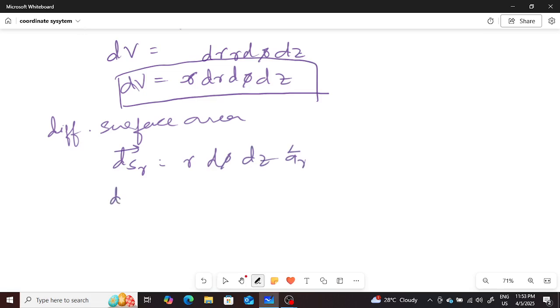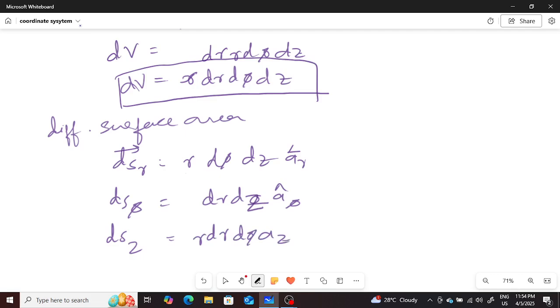Similarly for ds_phi, excluding r d phi, you have to write dr dz a_phi. So for ds_z, excluding dz, you should write the other terms, that is dr r d phi in a_z direction.